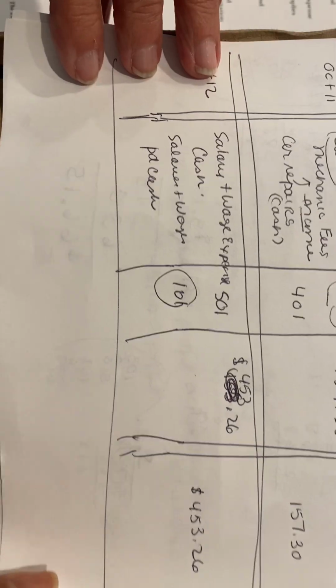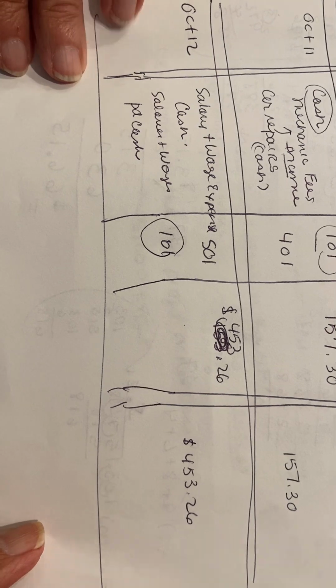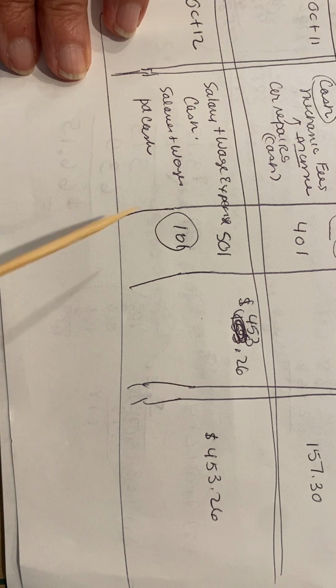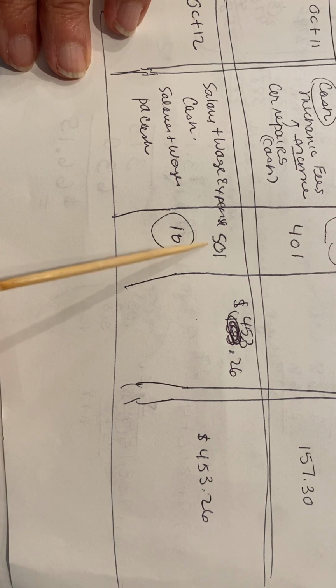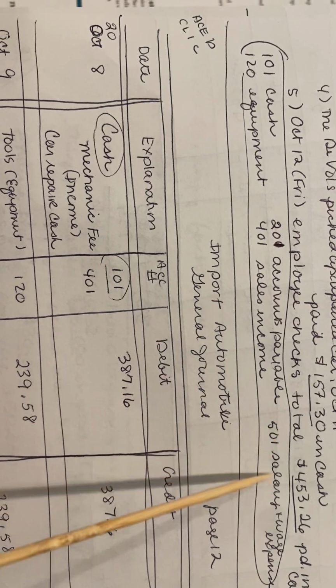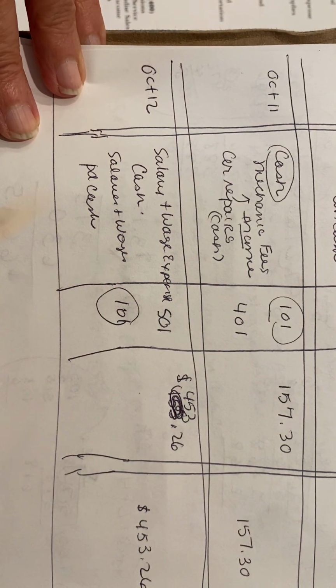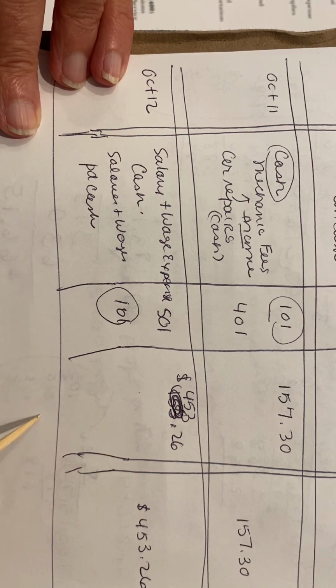So the next one, these are not that hard, but we've got to do them. October 12th, what we have on October 12th is salary and wages we're paying. So we put salary and wages, which are going to be expenses, which are in the 500s. Up here, it says 501 salary and wages. So if the expenses go up, you can have ACED, right?